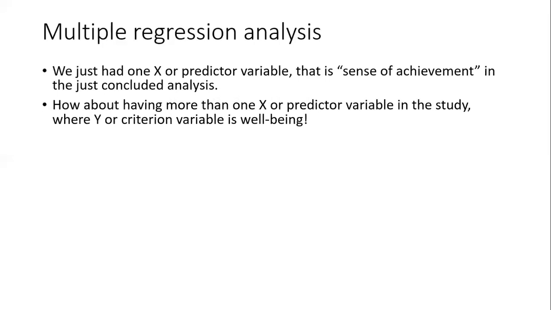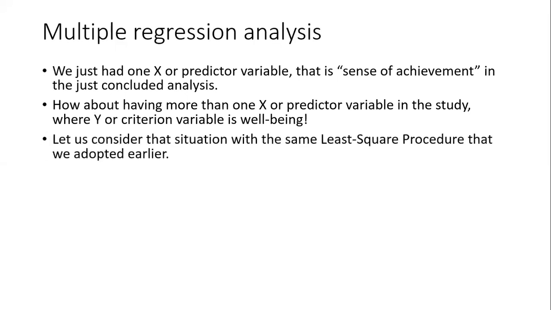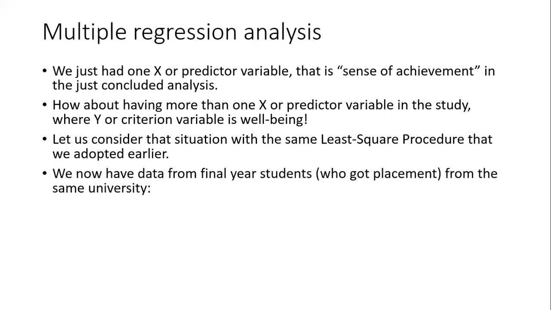But if we have more than one predictor variable in the study, where y or the criterion variable is well-being, then we'll have to consider a situation with the same least square procedure that we adopted earlier, and we'll take data from final year students as an example for understanding multiple regression analysis, where we have more than one predictor variable.